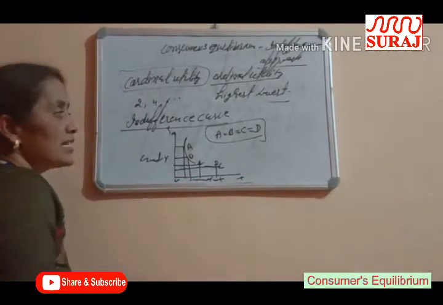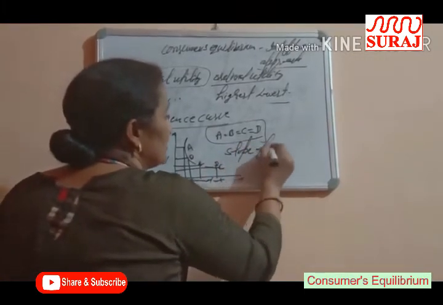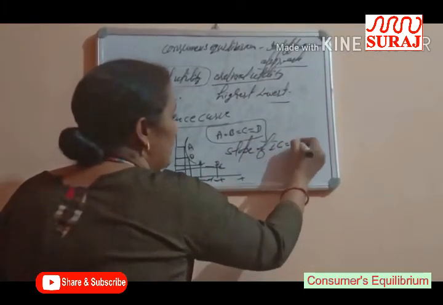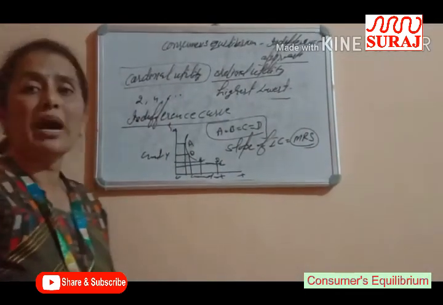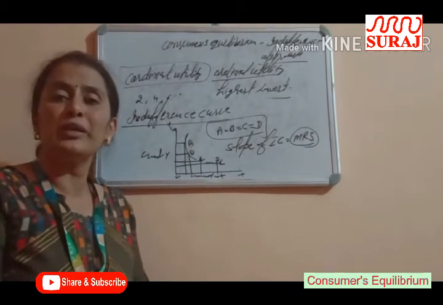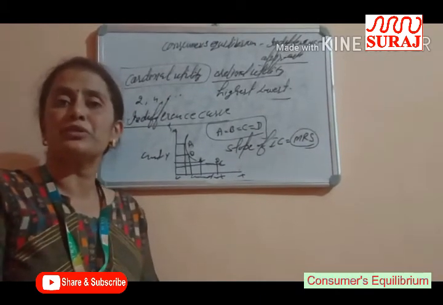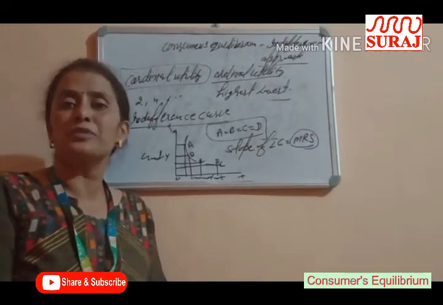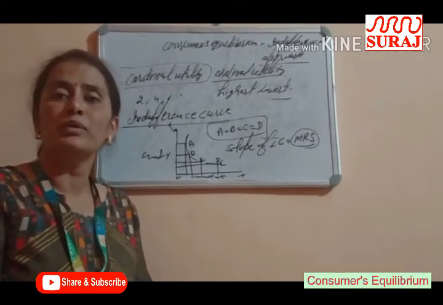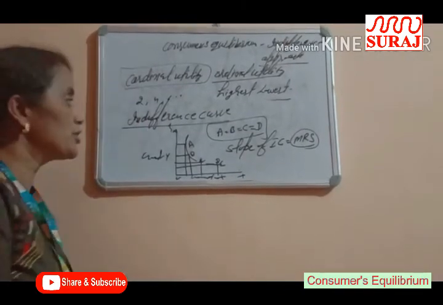Then next is the slope of IC. The slope of the indifference curve depends on the marginal rate of substitution. What do you mean by the marginal rate of substitution? It is the rate at which the consumer can substitute one good for another good.